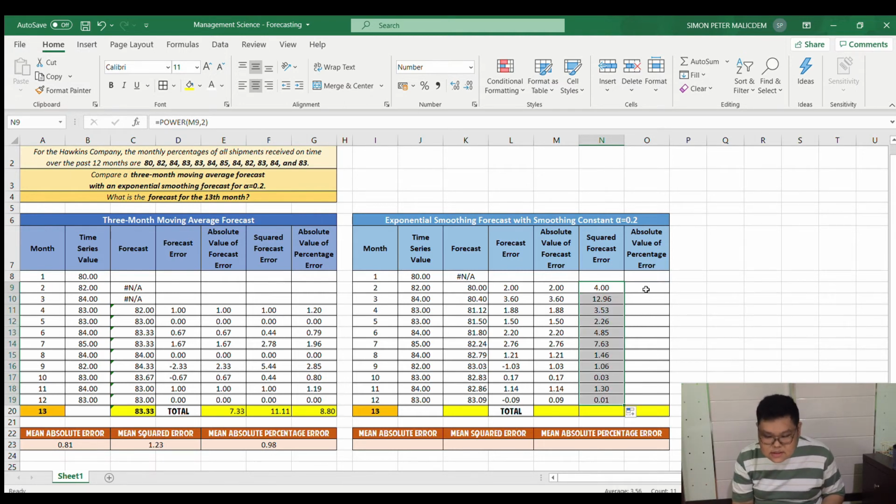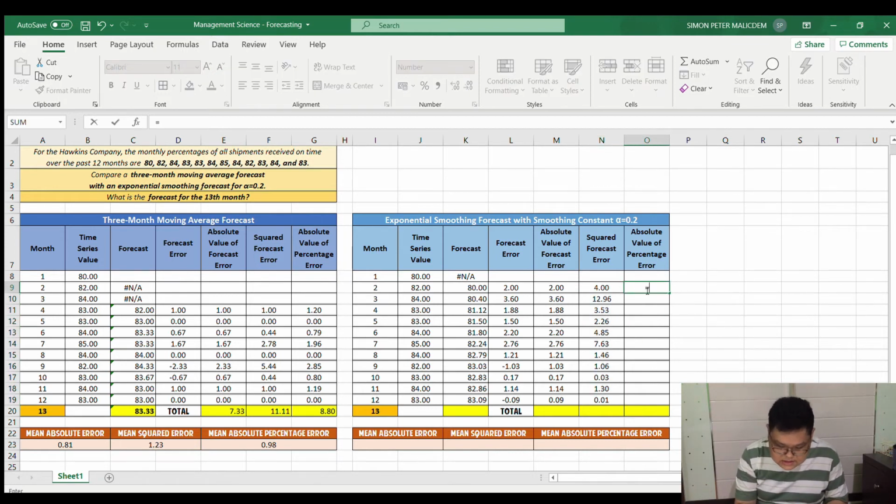Drag the corner to the 12th month. Okay. Absolute value of percentage error equals, open parenthesis, the absolute value of forecast error, which is 2, divided by time series value, close, times 100.